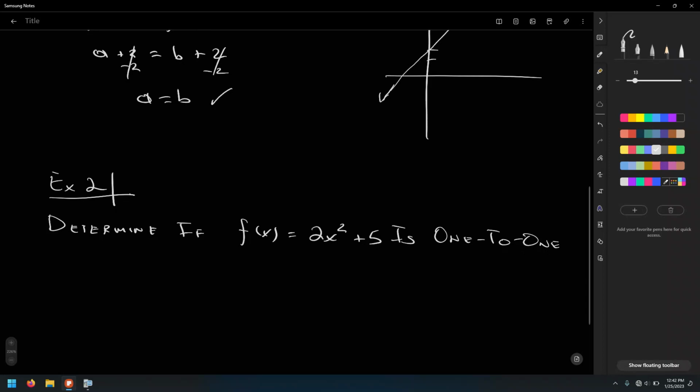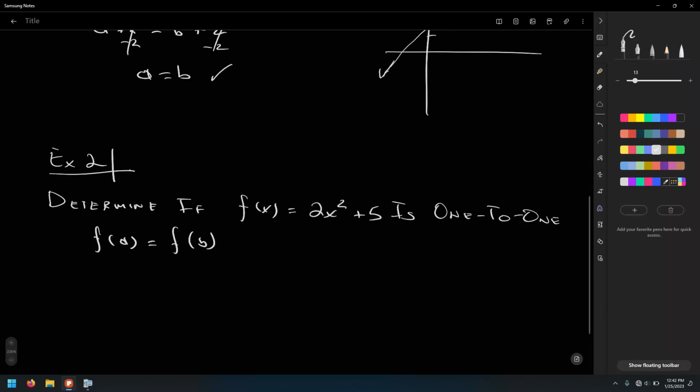We're going to start with the statement if f of a equals f of b. That is, on the left-hand side, evaluate the given function at a. That is, whenever you see the letter x, replace it with a. That's 2a squared plus 5 equals 2b squared plus 5.